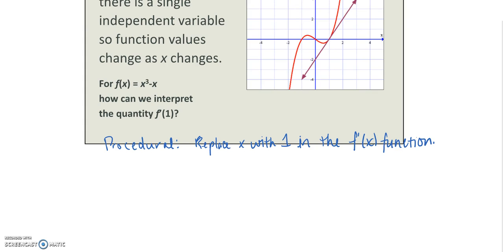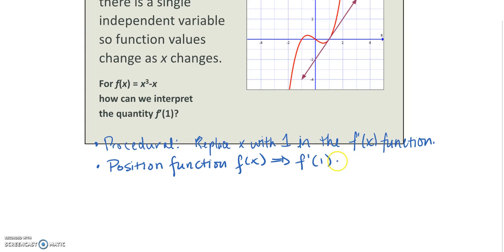So I could expand on that a little bit. Instead of having just a procedural view, I could think that maybe f of x is a position function. Then that would give some meaning to f prime at 1.